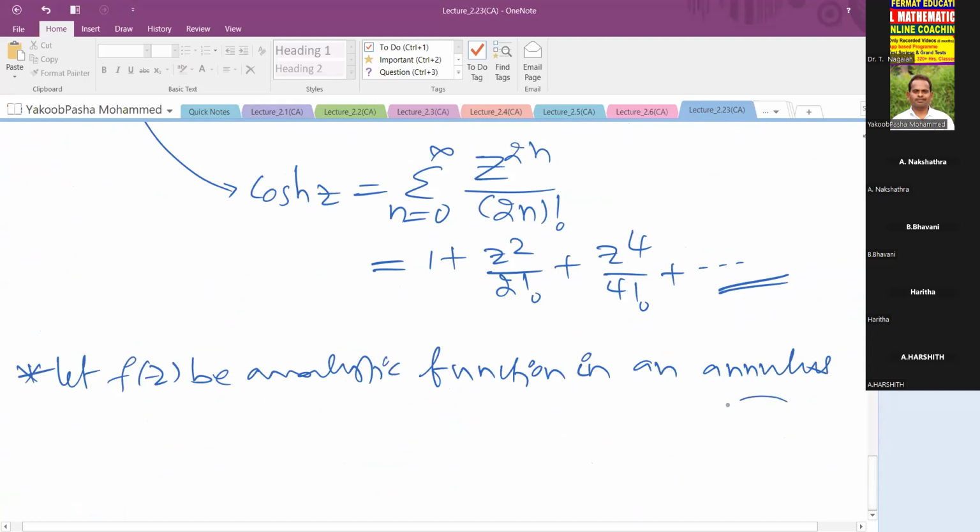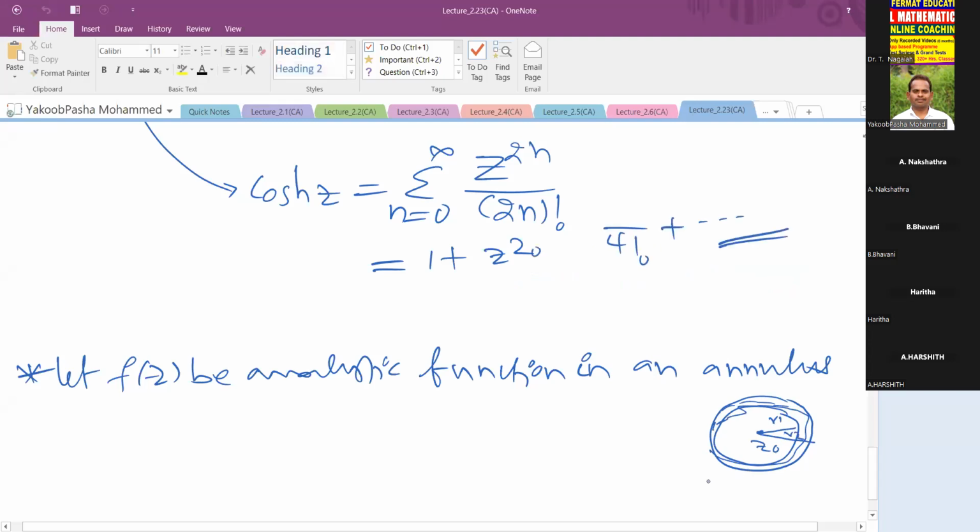For example, if we take a circle with center Z0, and consider another circle with a different radius, the area bounded by these two is the annulus. Taking the radius of the first circle as R1 and the second circle as R2, R1 is less than modulus of Z minus Z0 is less than R2. This is called the annulus region.